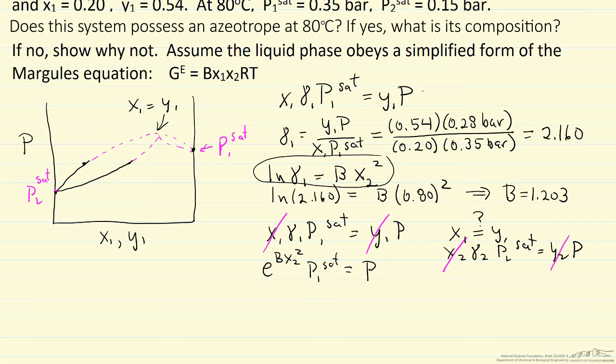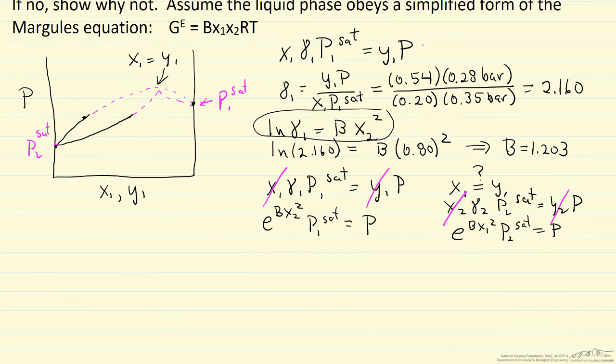So now I have two equations and three unknowns, namely pressure, x1 and x2, but of course x1 plus x2 equals 1. So that's the third equation. I'm trying to determine if there is an x1 where x1 equals y1. And so I'm going to eliminate pressure in order to solve these equations. So the left sides of these two equations would be equal to each other. And then I can simplify that.